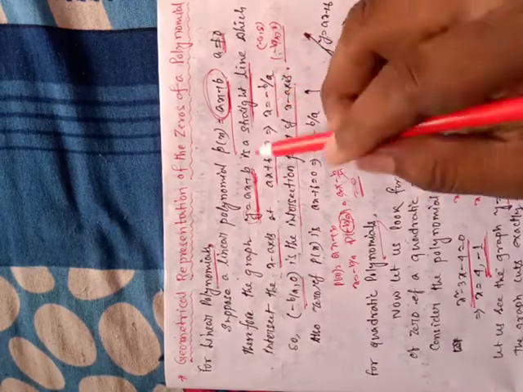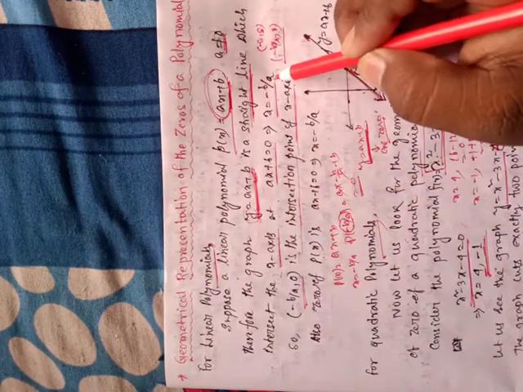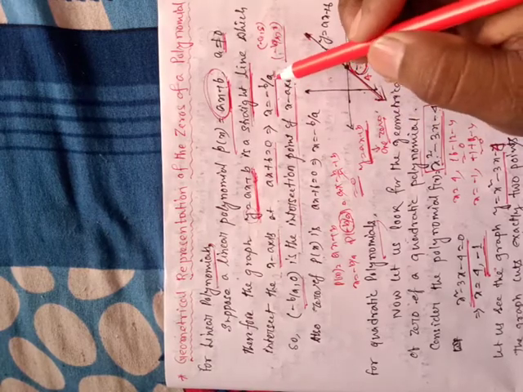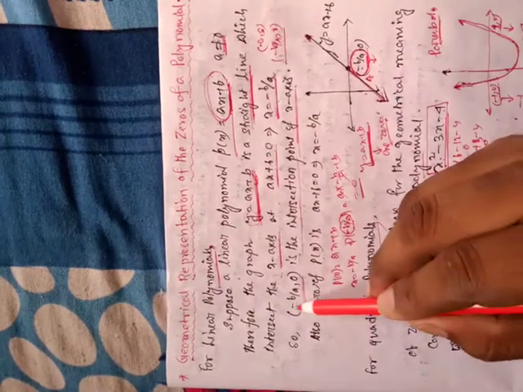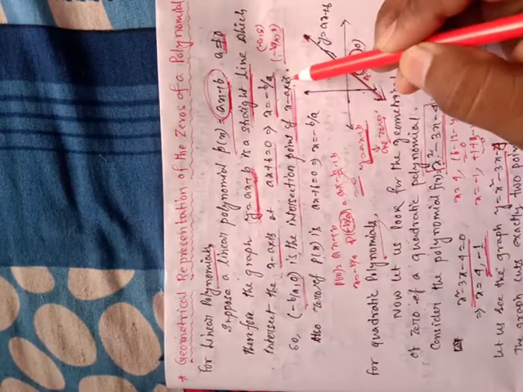So x equals minus b by a. This is the x coordinate of the point of intersection of the x axis and the line. So (minus b by a, 0) will be the intersection point with the x axis.